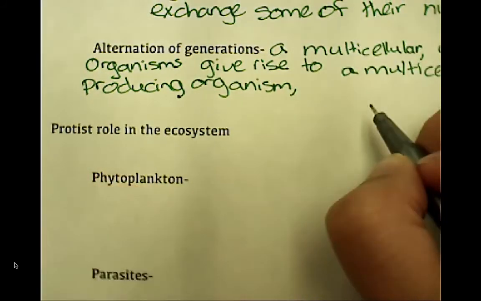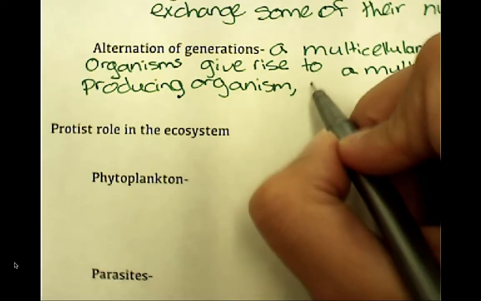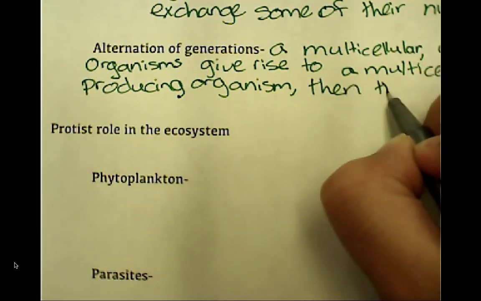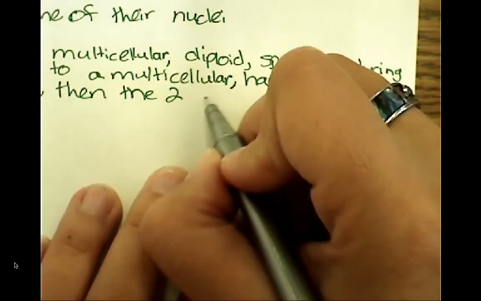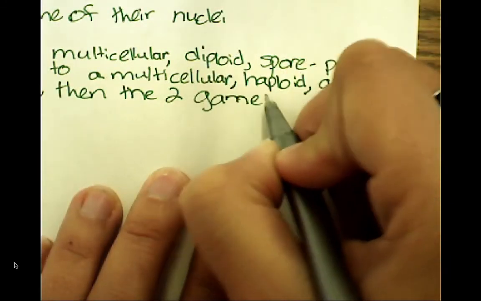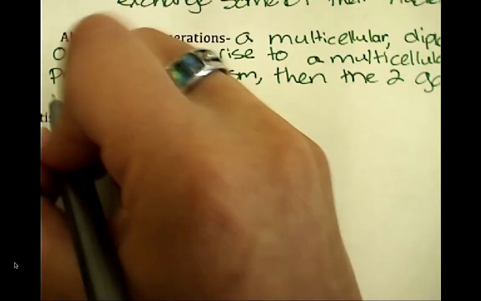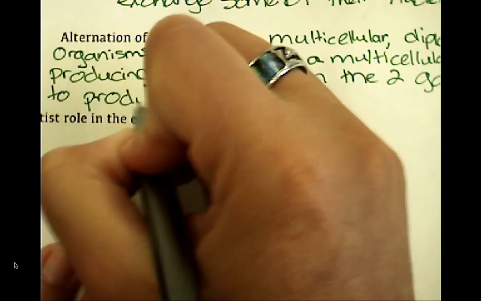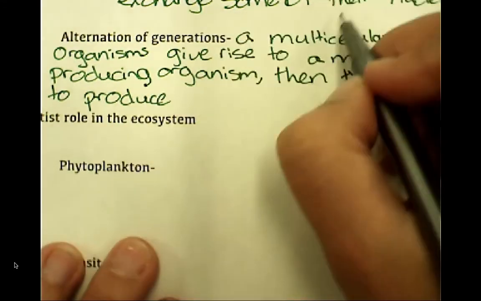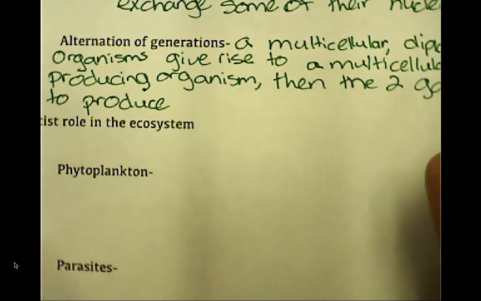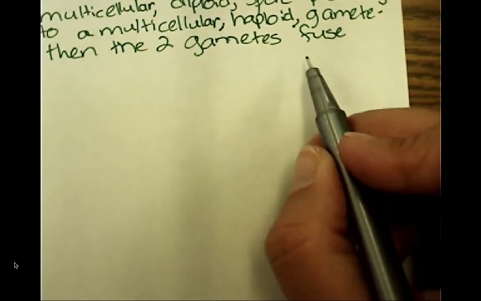And then what's going to happen is then the two gametes fuse to produce the original, back at the top, multicellular diploid spore-producing organism. Oh, you can see it.